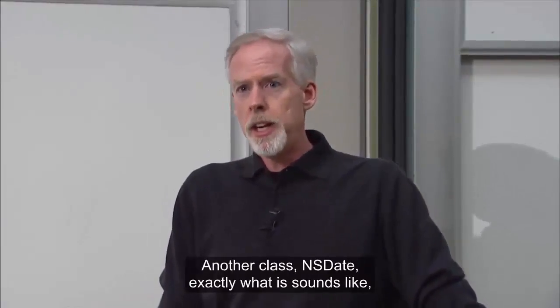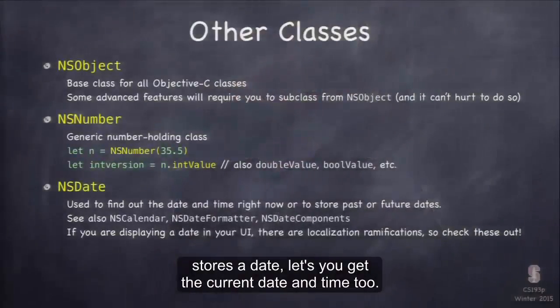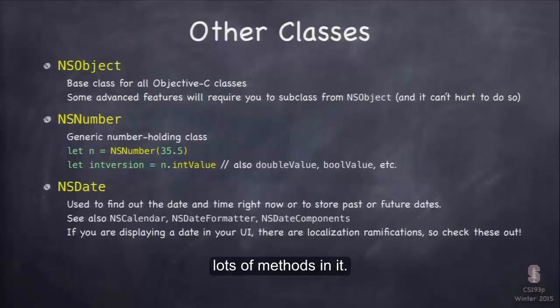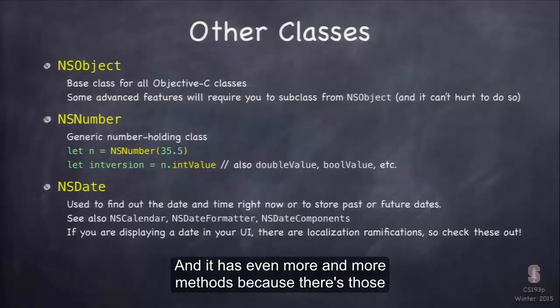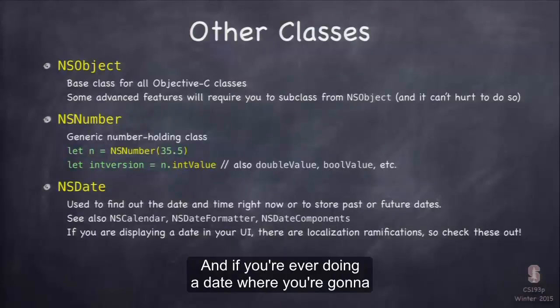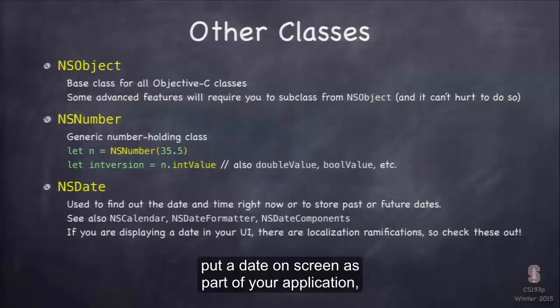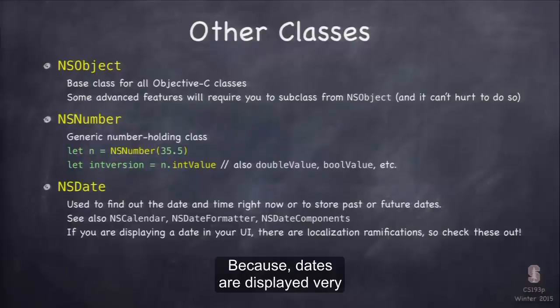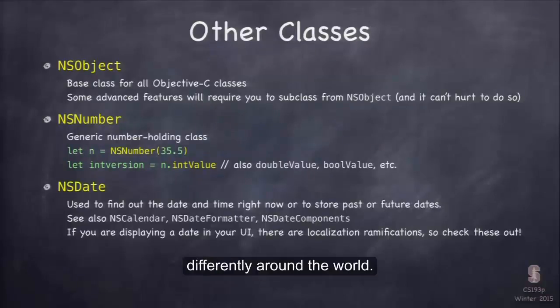Now the class NSDate. Exactly what it sounds like. Stores a date, lets you get the current date and time too. Pretty self-explanatory, has lots and lots of methods in it. And it has even more methods because there's those 3 other classes mentioned here: Calendar, DateFormatter, and DateComponents. If you're ever going to put a date on screen as part of your application, you really want to look at all these classes and read the documentation that talks about dates, because dates are displayed very differently around the world.